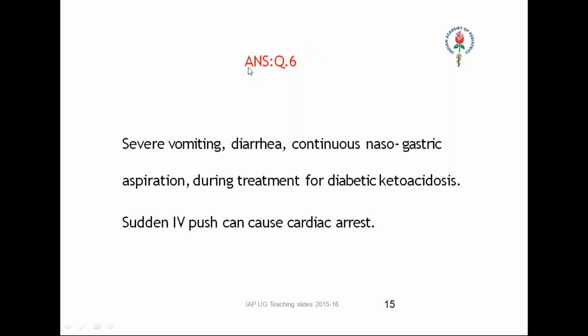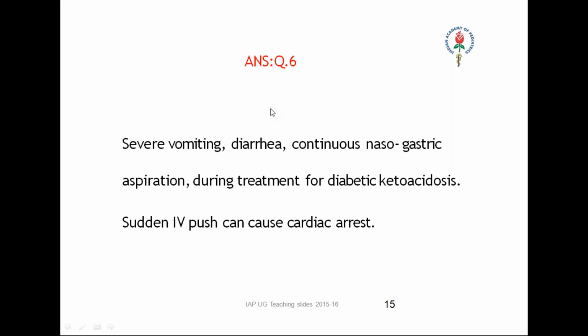So automatically potassium shifts from the vascular component into the cells, and potassium levels will come down. At that point, during your treatment, you expect hypokalemia. So we will add potassium to your fluids. When you are giving fluids of either 10% dextrose or 5% dextrose along with normal saline, add your potassium.